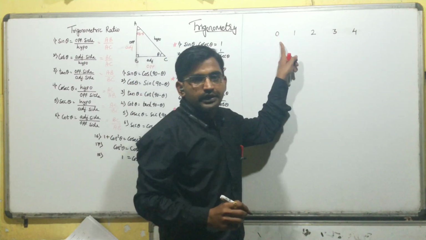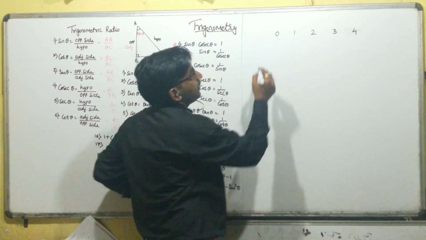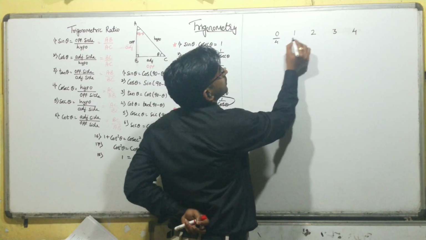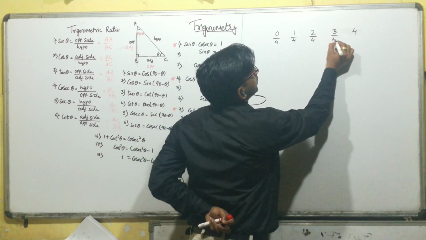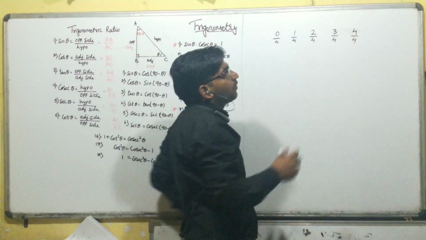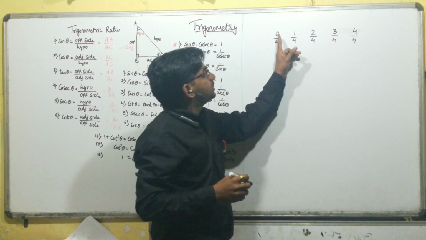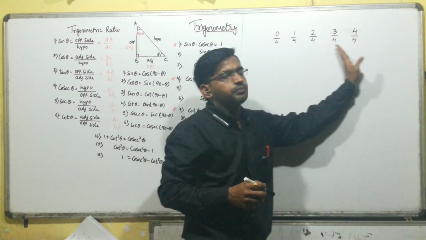See, first of all you need to write 0, 1, 2, 3, 4. Now what we'll do? We'll divide all terms by 4. So this is what I explained to you all. Write 0, 1, 2, 3, 4 and divide all the terms by 4.